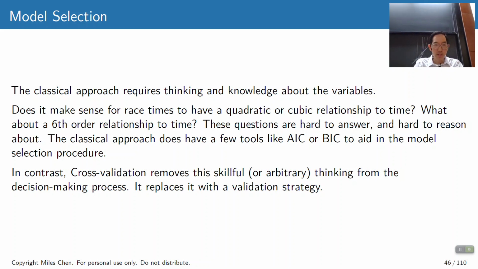And so, again, the classical approach requires us to think about the variables, and it requires us to actually have knowledge about the variables. And you have to ask, does it make sense for the winning race time to have a quadratic or a cubic relationship to time, okay?